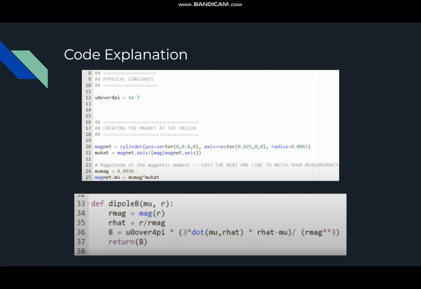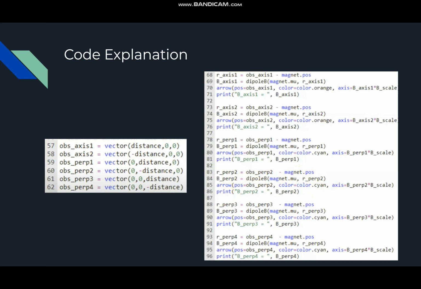Now this code to the left here is just creating some vectors, some visual representation, and that's kind of the same toward the right, where these vectors are the actual magnetic fields and distances that we're going to be seeing.